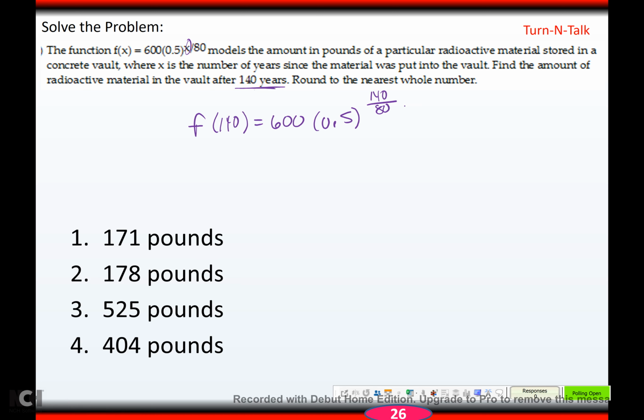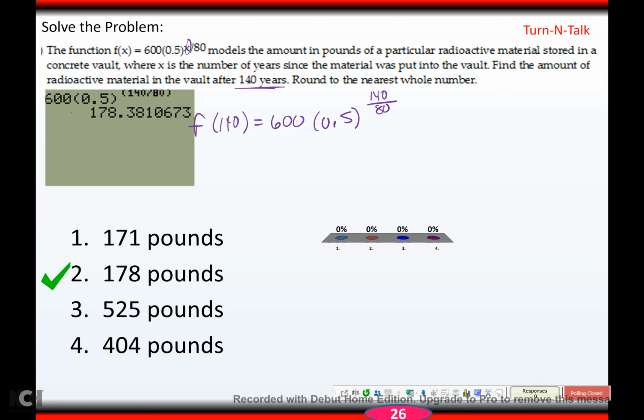Now when you type this in, I type in 600 parentheses 0.5 caret, and then parentheses 140 divided by 80. And it says to the nearest whole number, so 3 won't bump it up.